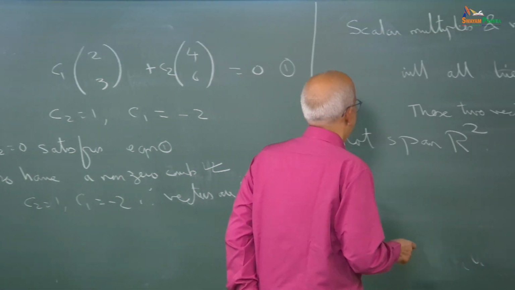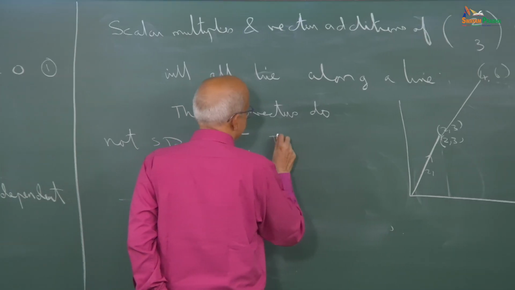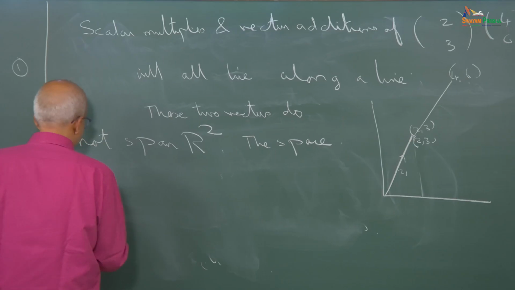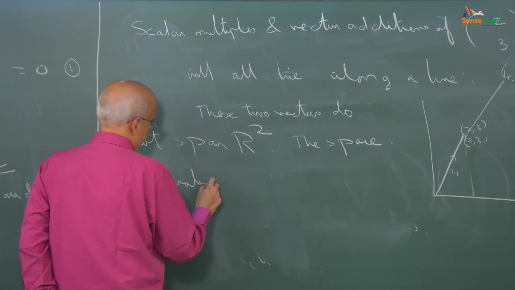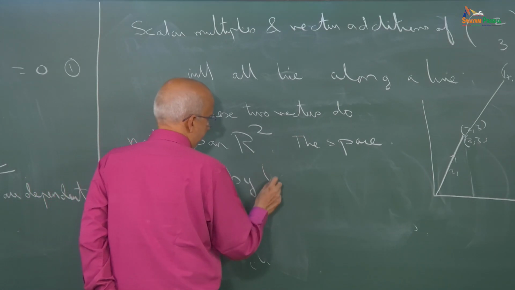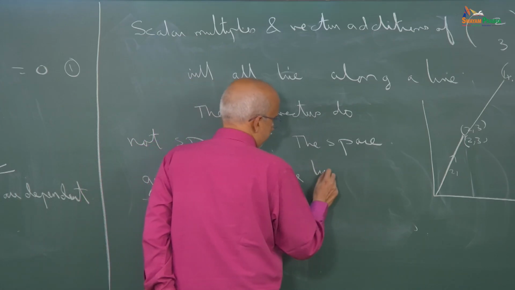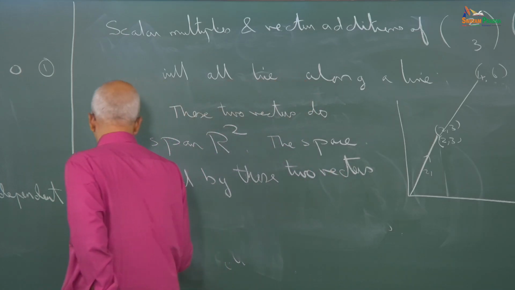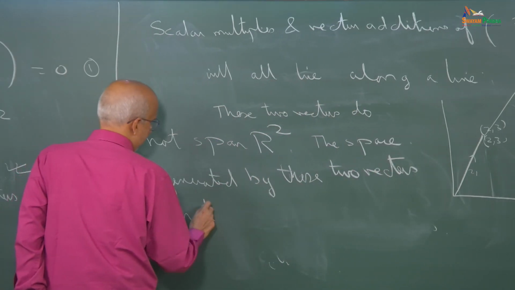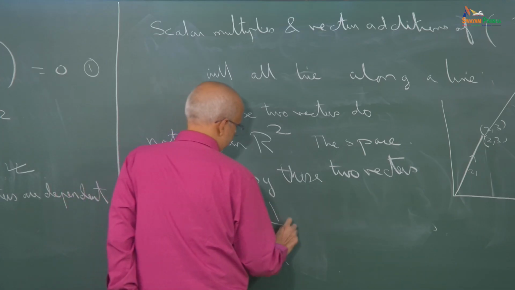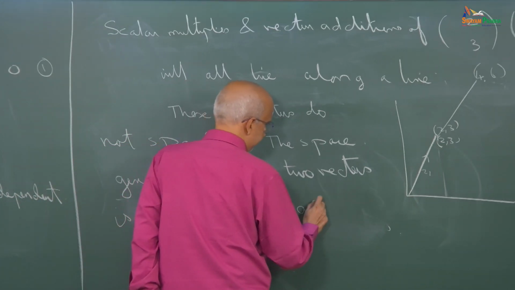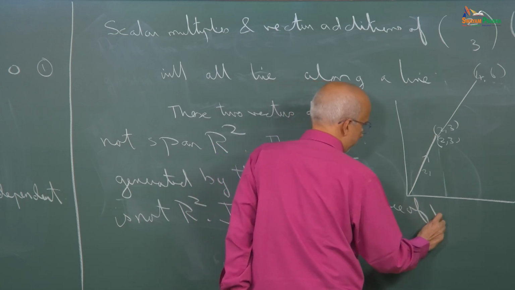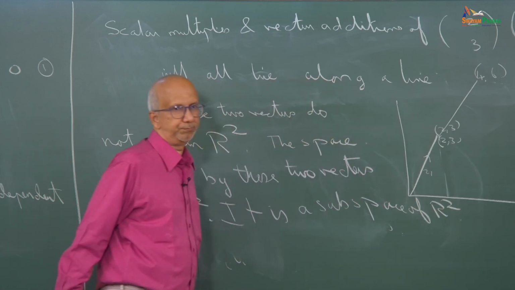So, basically, what I am saying is, this space generated by these two vectors is not R2, it is a subspace of R2.